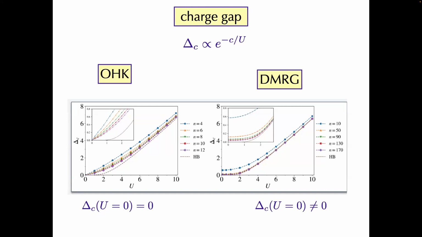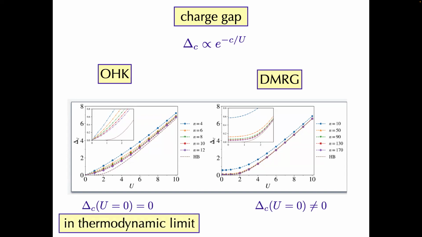And so in any finite size system, which is what DMRG is, you'll never get that the gap is 0. There's always some constant, they've just blown it up right here. Okay, so you do get this curvature. So it is looking like this, but it's always some constant offset. Okay, why are we getting 0? That's because orbital HK is in the thermodynamic limit.